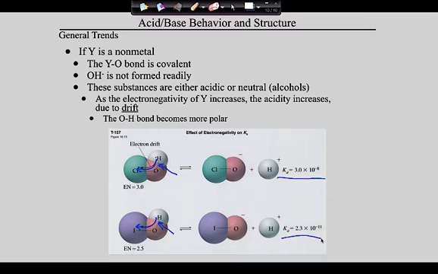This guy is 1,000 times weaker than that guy. Does that make sense? But guys, notice their Ka values. 10 to the negative 8th and 10 to the negative 11th. Neither one of them is very strong. But this is 1,000 times stronger because of the drift created by that stronger chlorine.